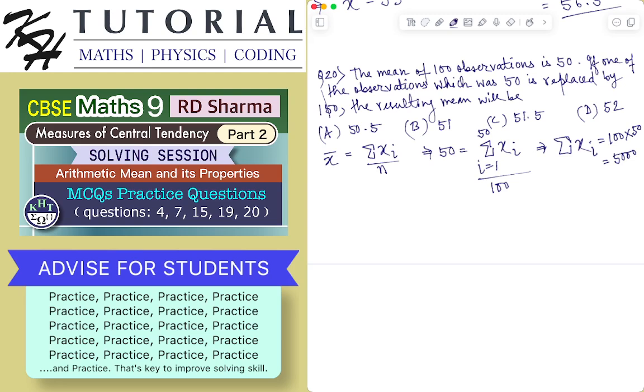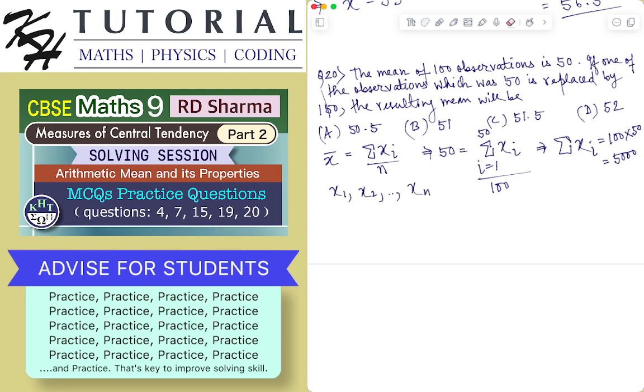Now if one of the observations which was 50 is replaced by 150, the resulting mean will be, okay. When in a set of observations one observation is replaced, let's say I have the observations x1, x2 like this, xn.